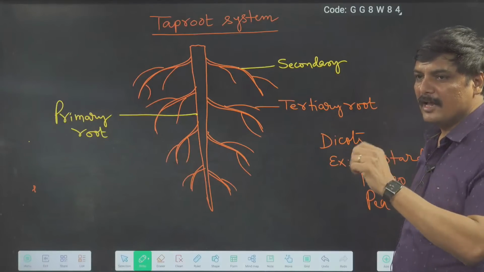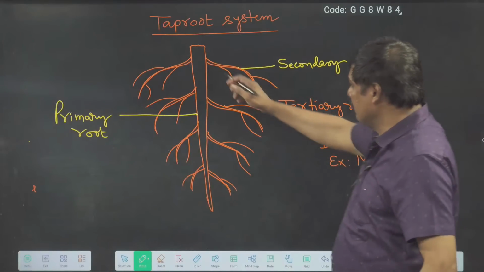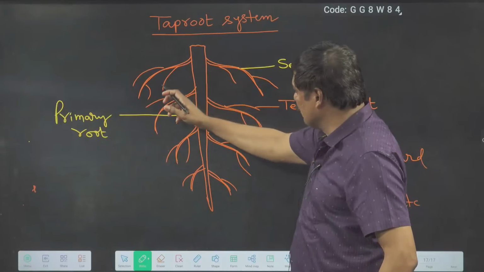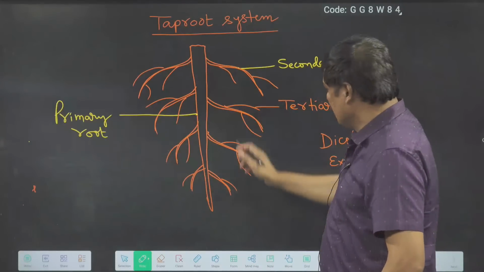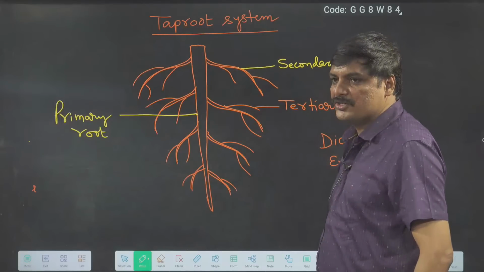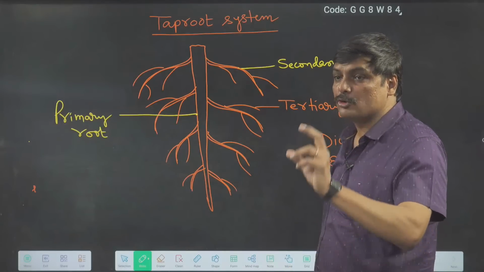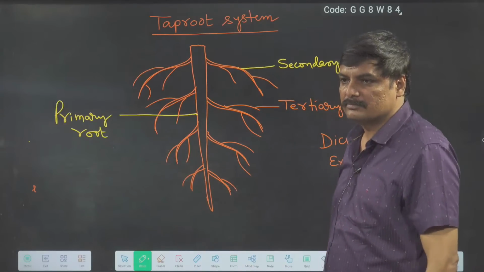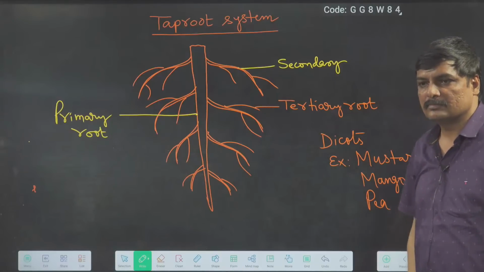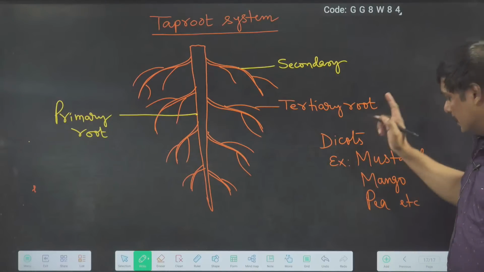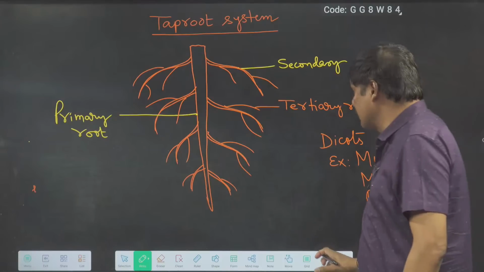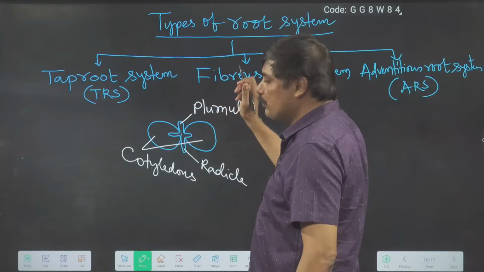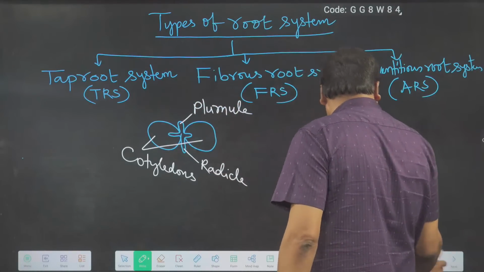The radicle elongates and becomes the primary root. The primary root produces secondary roots, and secondary roots produce tertiary roots, which produce rootlets, which may possess root hairs. Understood? And the second one, I told you already, is fibrous root system.